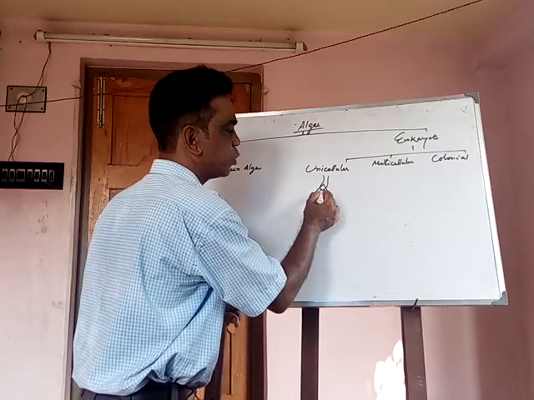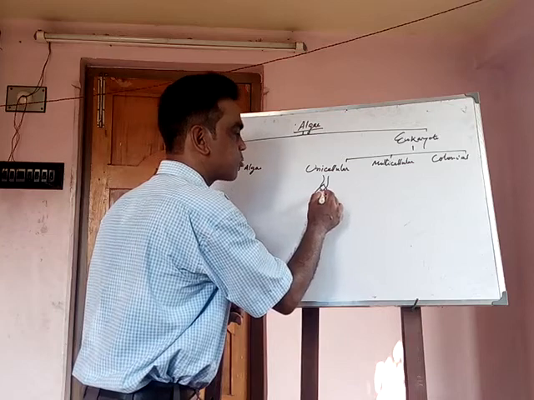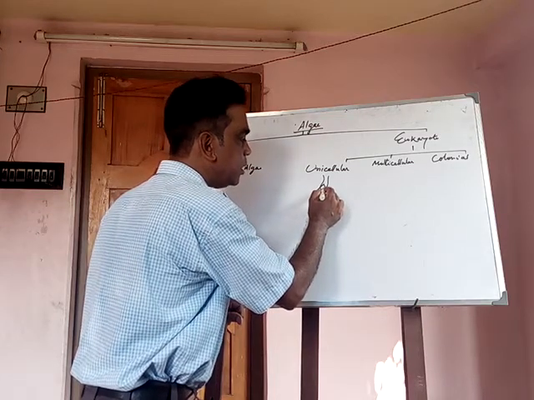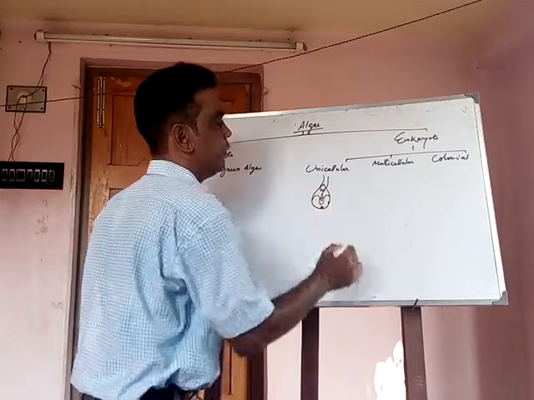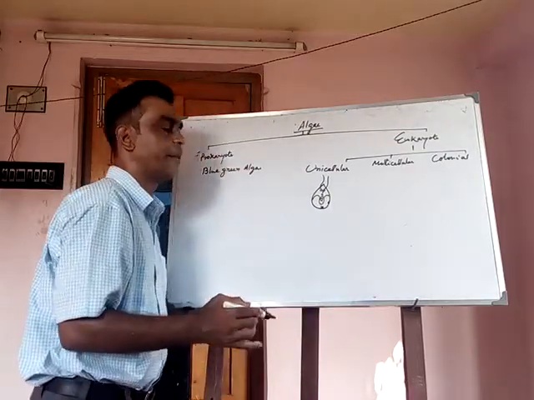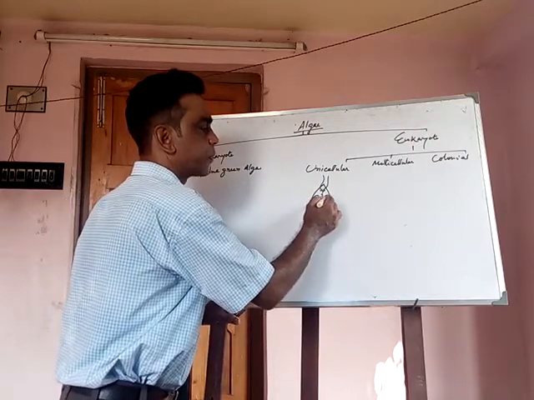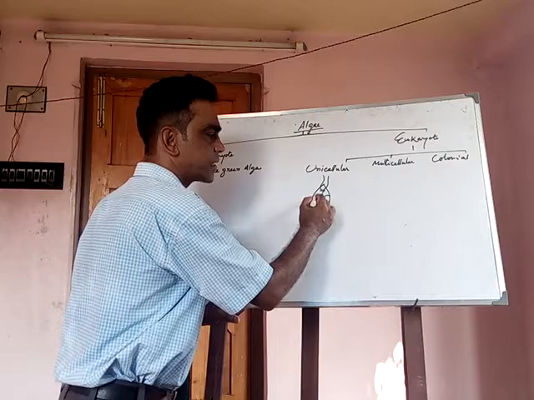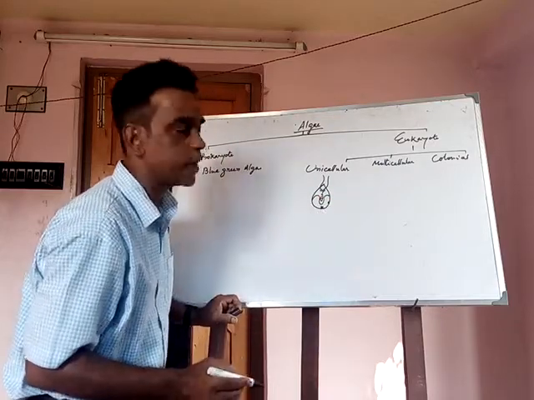The connection between two blepharoplasts is the paradesmose. The filamentous paradesmose enlarges into the centrosome, that is the rhizoplast. All of this structure is the neuromotor apparatus. Next, the nucleus is found, and the chloroplast is cup-shaped. Stigma is found, and the storage food is starch.